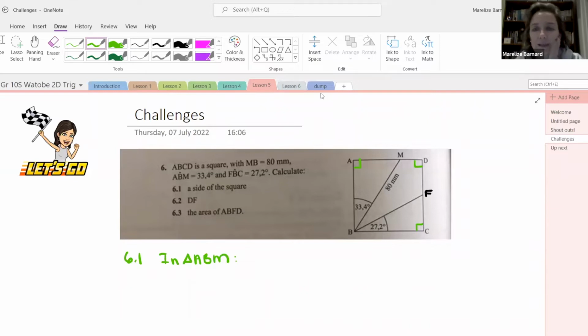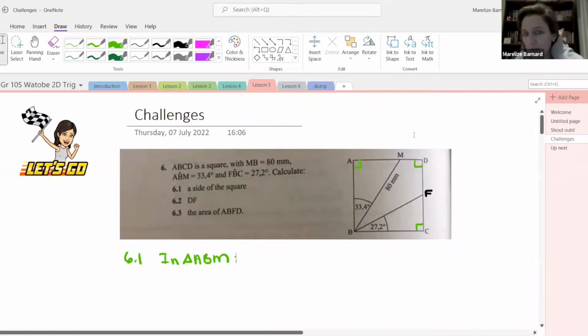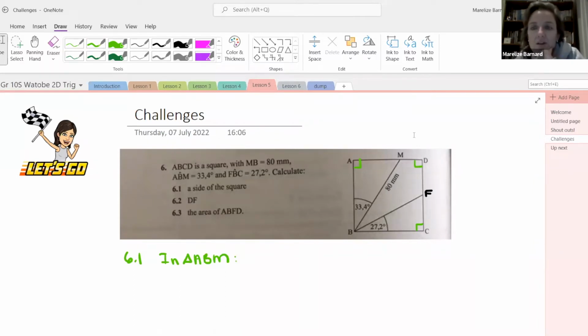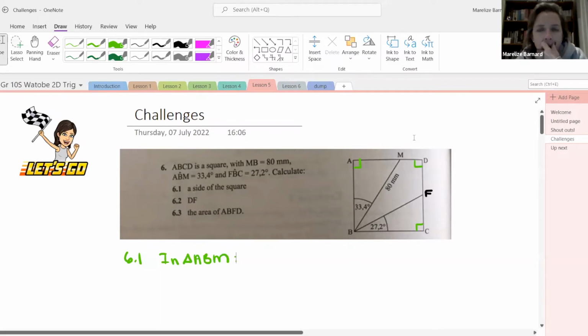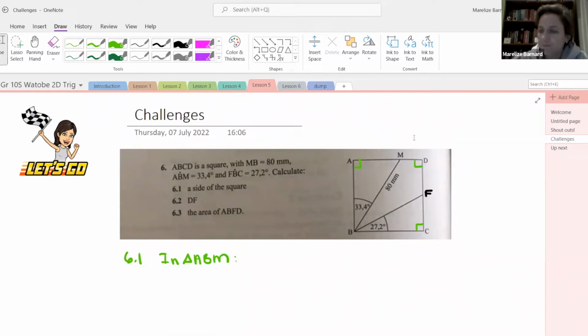Okay, and when you are ready, you can put your answer in the chat. What is the length of AB, which is the side of the square? Yes, round to 2 decimal places, please.